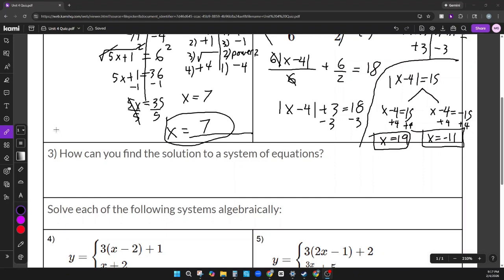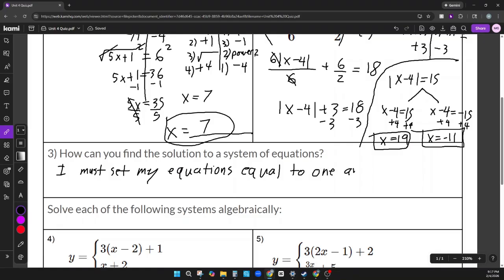But in order to find the solution to a system of equations, I must set my equations equal to one another. That is our first step.